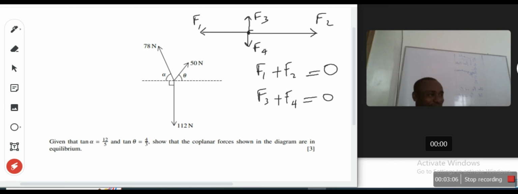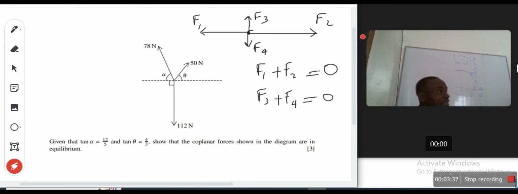In vectors, when you represent one direction with a particular sign, the other direction should have the opposite sign. So if I represent F2 to the right as positive, F1 has to be negative, so the addition will eventually give you 0.